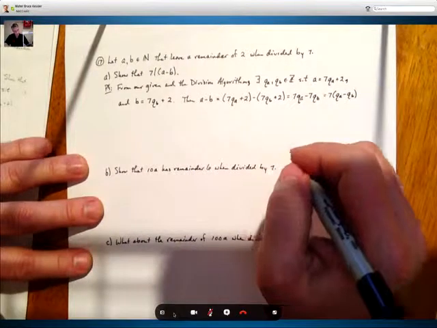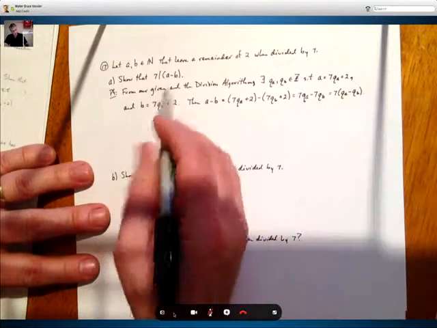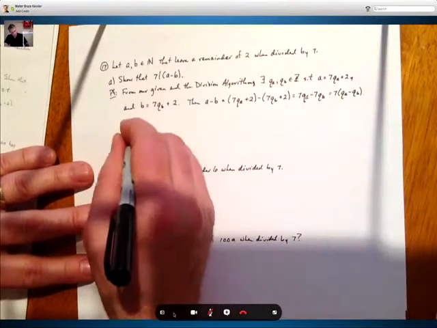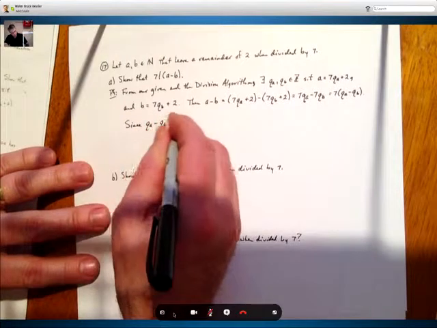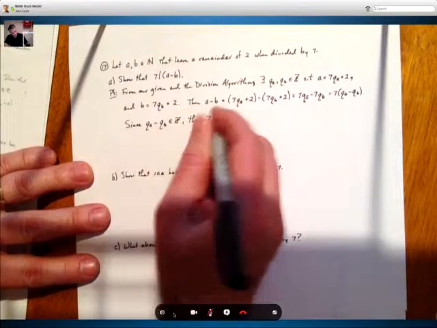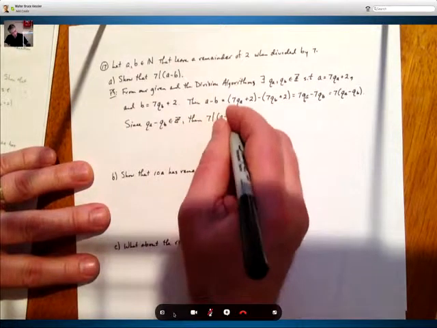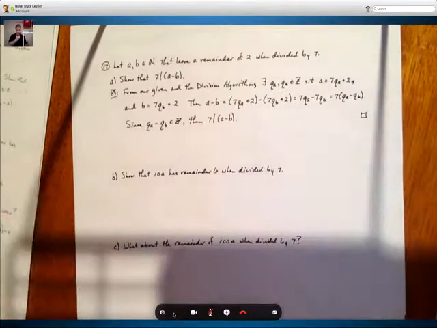And this is 7 times the quantity QA minus QB. Which is pretty much all we have to show to get this divisibility, right? Since QA minus QB is an integer, then 7 divides A minus B.